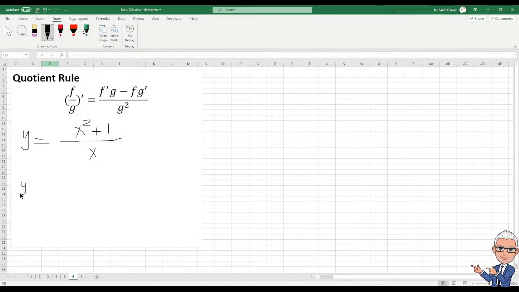Then start with this one. You get the derivative of the one up here, which is 2x, because it's 2x plus 0, times g. How much is g? g is x.